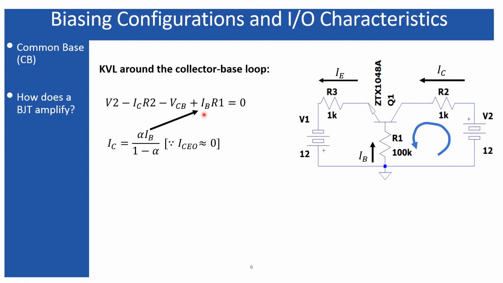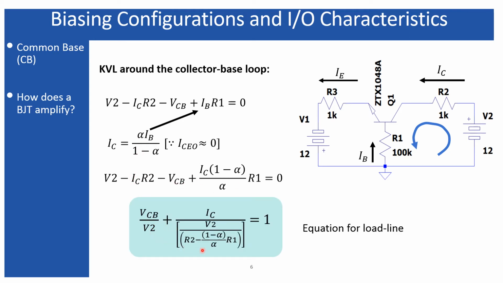But since I am going to construct the equation which includes only the output current and output voltage, which are nothing but IC and VCB respectively, I need an equation which can replace this IB current, which is unwanted over here. So I can replace this IB current from this relation, and I did that. After a rearrangement from this equation, this will result.